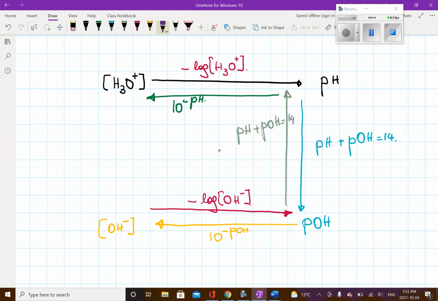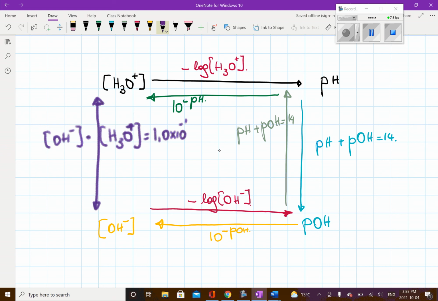The connection between the concentration of hydronium and the concentration of hydroxide is that the product of the two is equal to 1.0 times 10 to the power of negative 14, which is known as Kw.